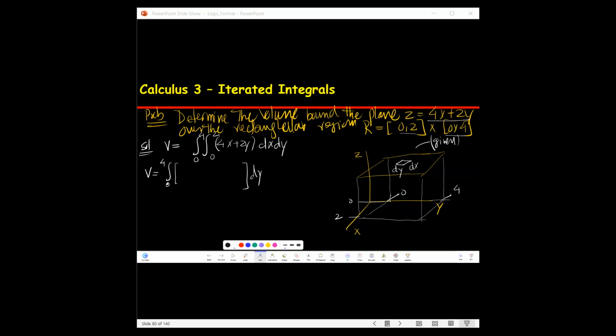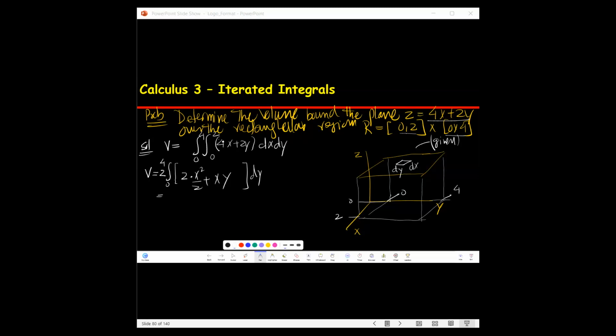Inside the parentheses, I'm going to take the integral, and it's going to be 2 times x squared over 2 plus xy. And I'm taking the 1/2 outside as a common factor, so it doesn't have to be inside.